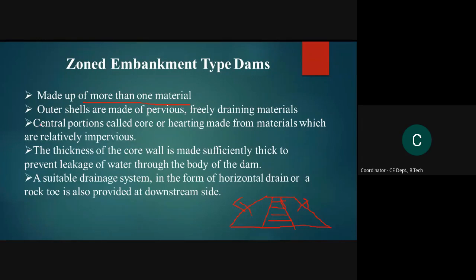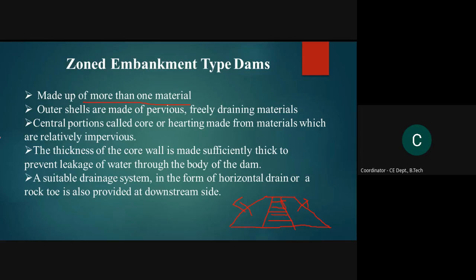And the next point says that the central portion, called core or hearting, is made from material which is relatively impervious. So this part is called the core, or the central part, which is constructed by material considered to be more impervious than the outer shell.